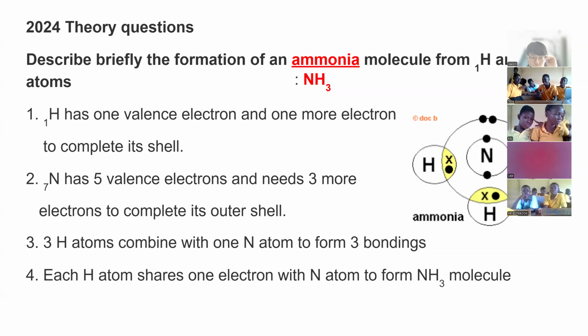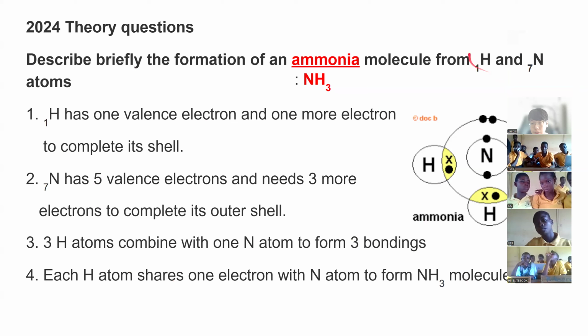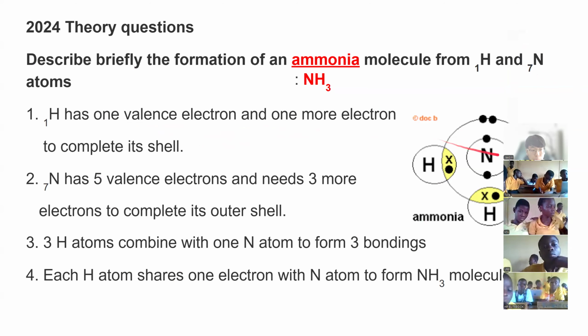Let's look at another theory question. Describe briefly the formation of ammonia. Ammonia is NH3, which is also important to know, and it is formed from hydrogen and nitrogen atoms. Hydrogen has one valence electron and needs one more electron to complete its shell.